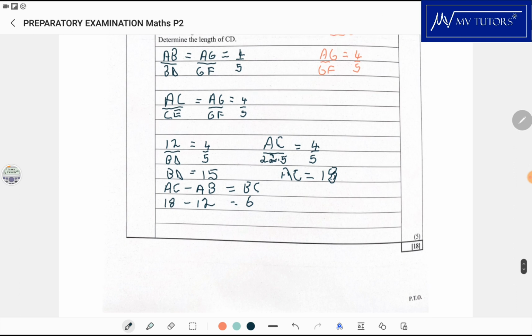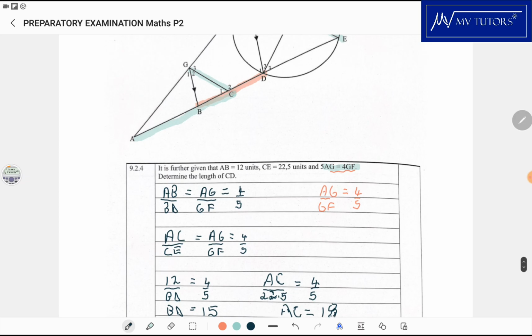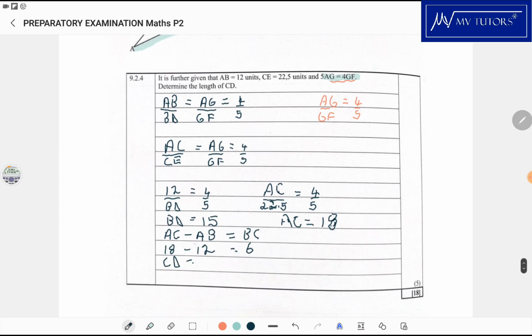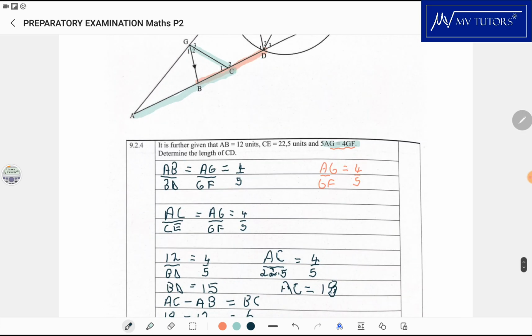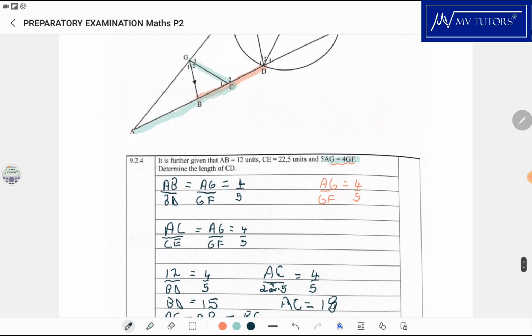Alright, let me just write it down first. So, to get the final answer for CD, that's going to be equal to, the longer side is BD. It's going to be equal to BD minus, subtract the shorter side that we just solved, which is BC.